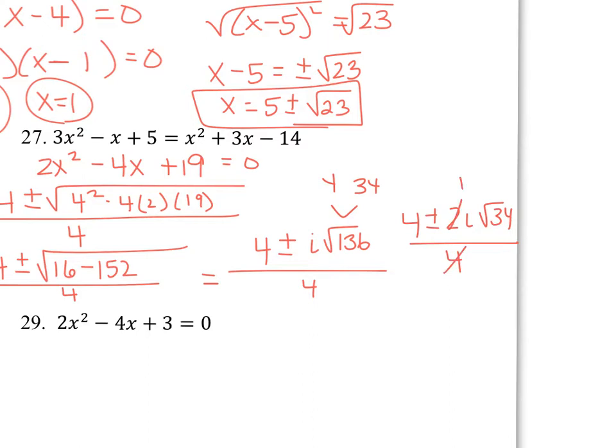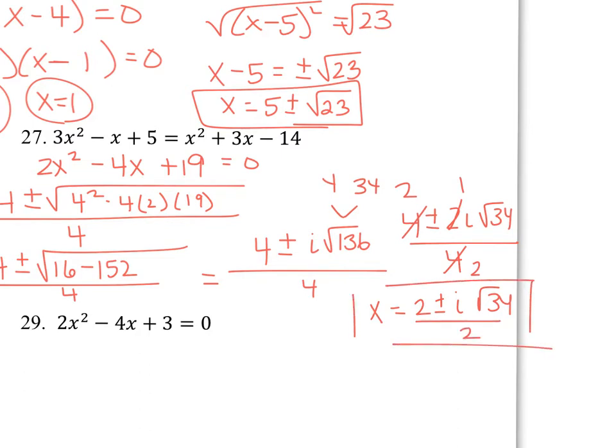If I simplify that, that's 1/2, so to keep the same denominator, that has to be 2. So I have x equals 2 plus or minus i rad 34 over 2. And my answer key on that one is wrong too, so I will go ahead and fix those as well.